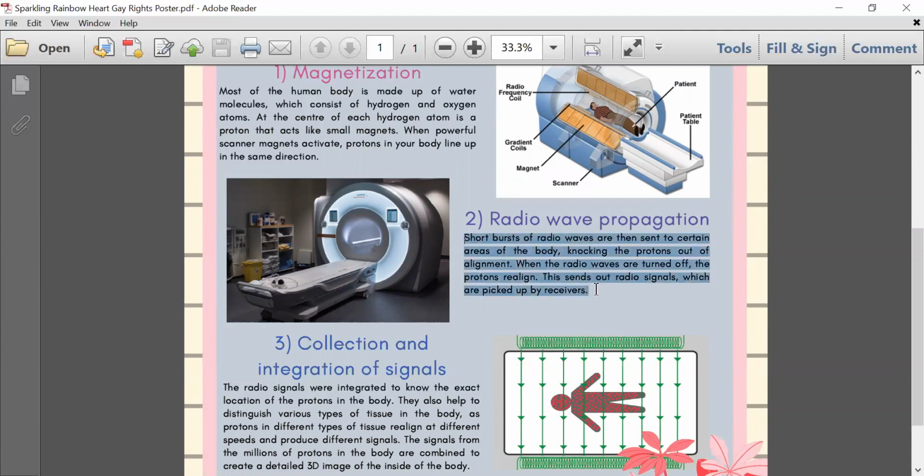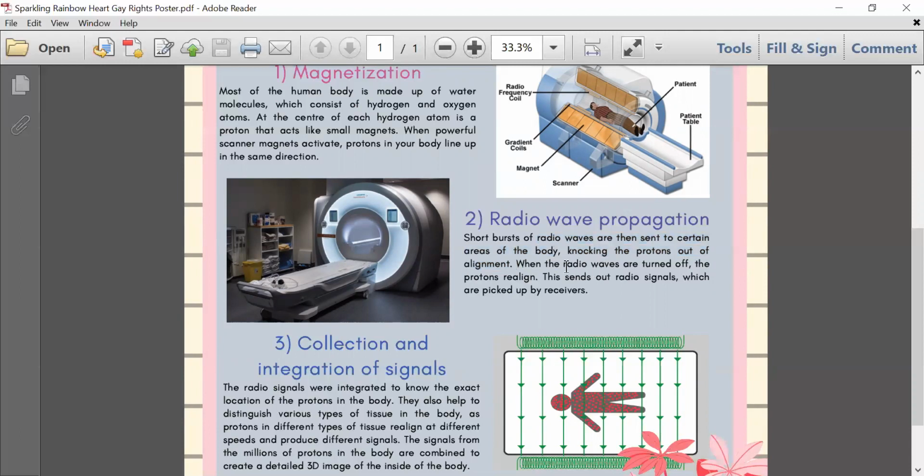Actually, this statement only reiterates what we already know about conservation of energy. Here radio waves are sent to certain parts of the body, knocking the protons out of alignment. This is the energy in the electromagnetic wave, which in our case is in the form of radio waves, knocking those protons out of alignment, which means it overcomes the magnetic potential energy by giving them extra kinetic energy.